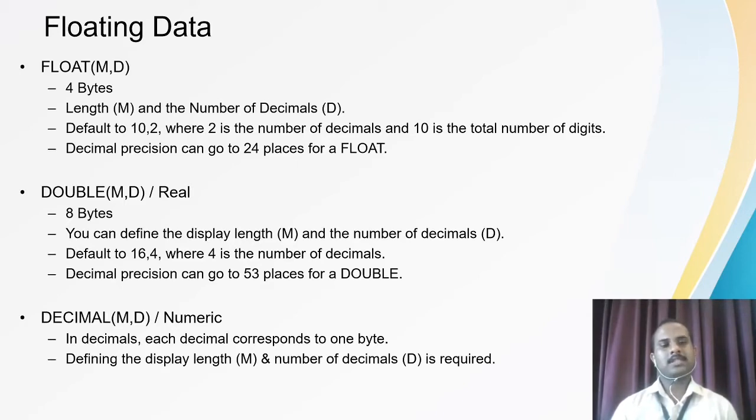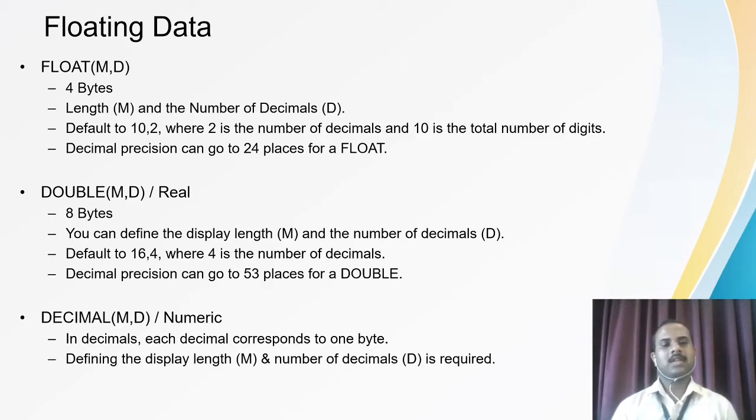Decimal precision can go up to 24 places in the float, and M and D are completely optional, not compulsory. Double, M of D, which is equivalent to real M of D, consumes 8 bytes.